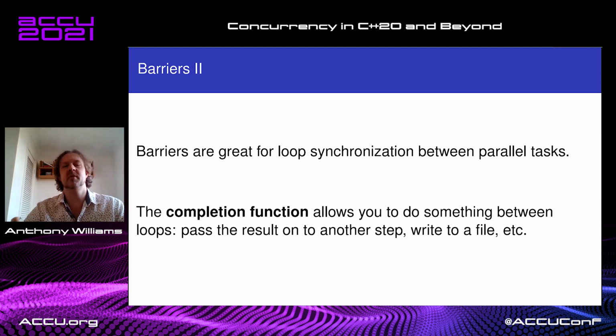I'm going to pass it down a pipeline to something else. Then I can read the next chunk of data, ready to process. Then I can start my loop again, and all the threads carry on. So once the completion function is finished, the threads can then continue processing, and again go back around the loop ready to arrive at the barrier again when they've each done their individual chunk.